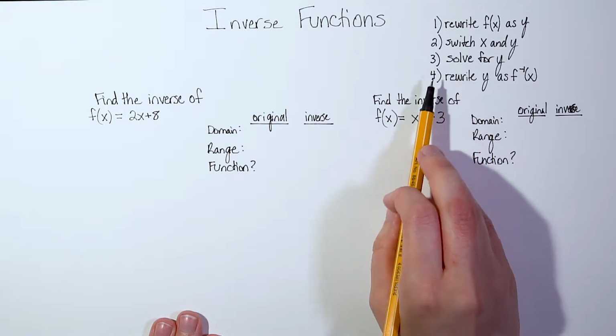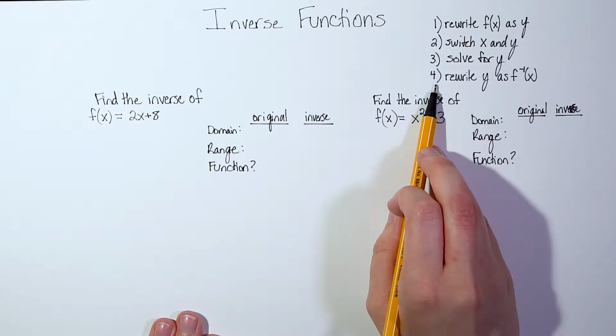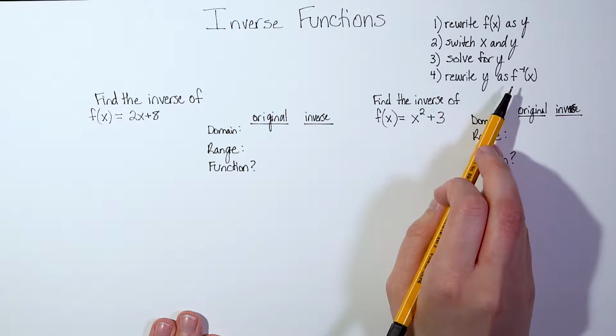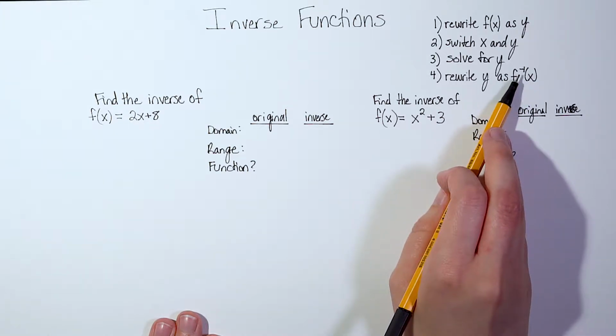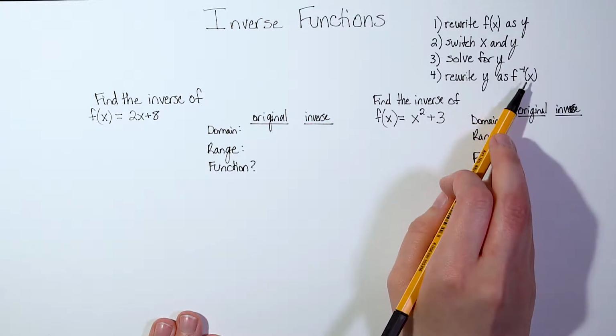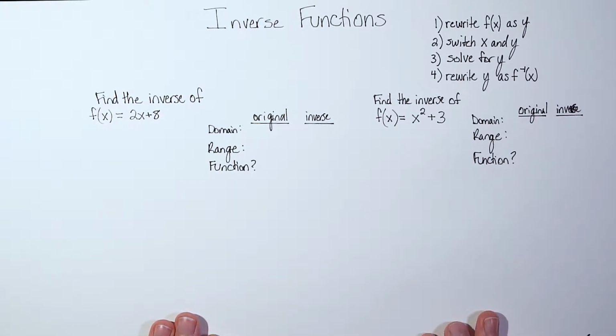Step 3, we're going to solve for y. So we're going to isolate the y variable at that point. And then as our step 4, we're going to rewrite y as f inverse of x. So that's an f with a little exponent, -1, of x. And we, again, pronounce that f inverse of x. So 4 pretty easy steps.